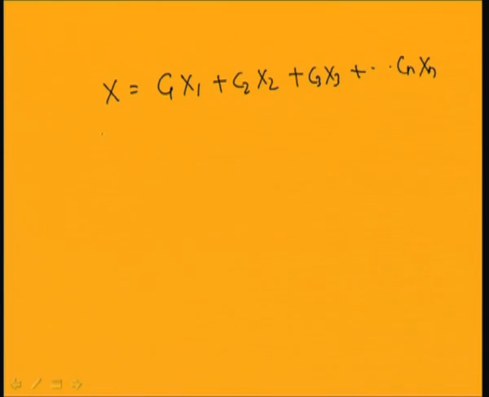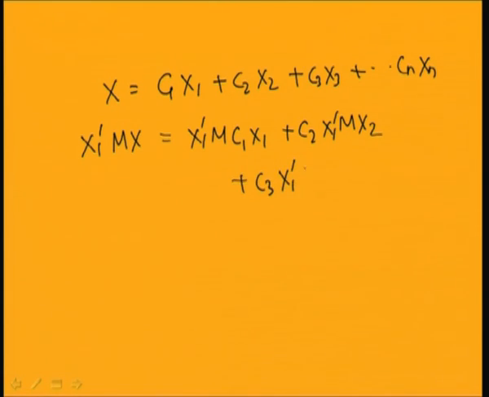So applying this orthogonality principle, I can write x1 dash m x will be equal to x1 dash m C1 x1 plus C2 into x1 dash m x2 plus C3 into x1 dash m x3, and similarly Cn x1 dash m xn.